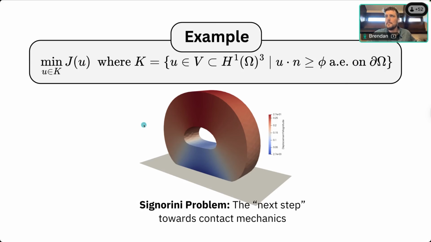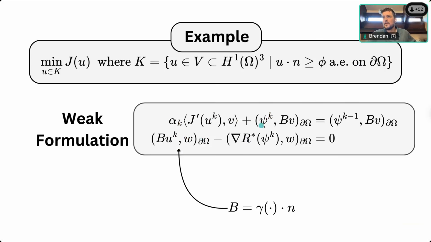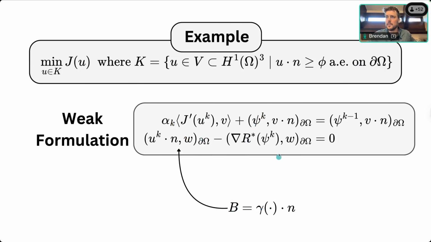So for Signorini, you get a saddle point system, same original form, but the operator B is different. So it's the normal trace. So we have to substitute that first. I won't deal with what the energy function is here. This could be very complicated.